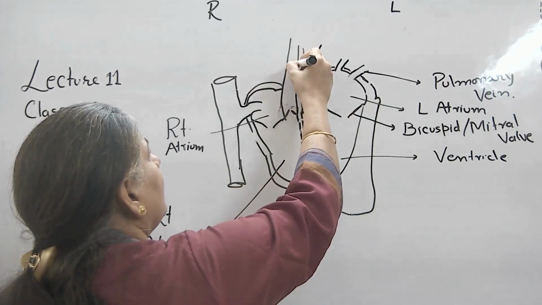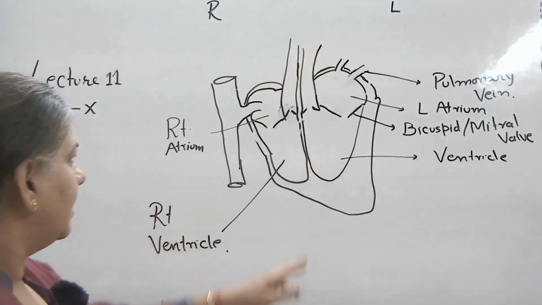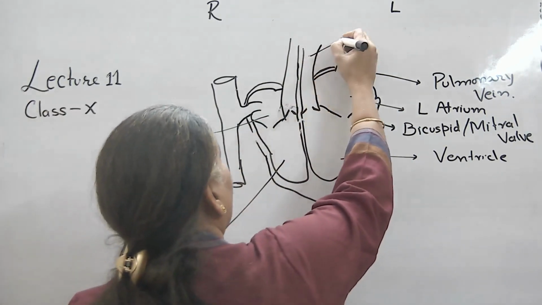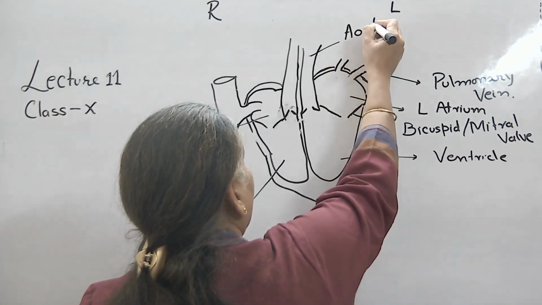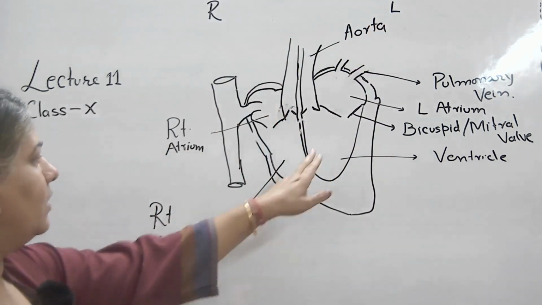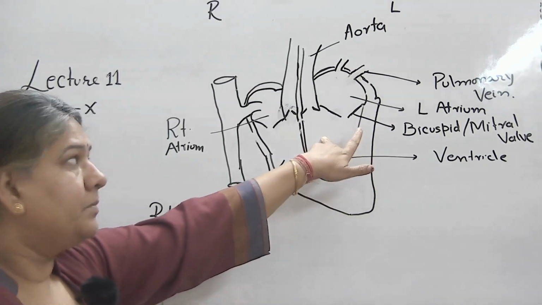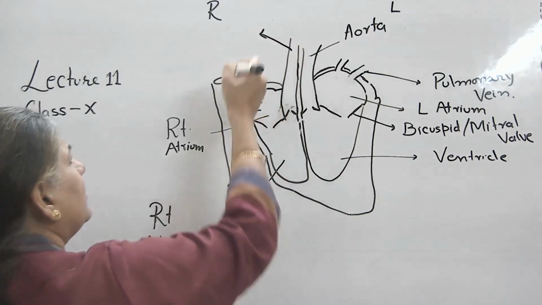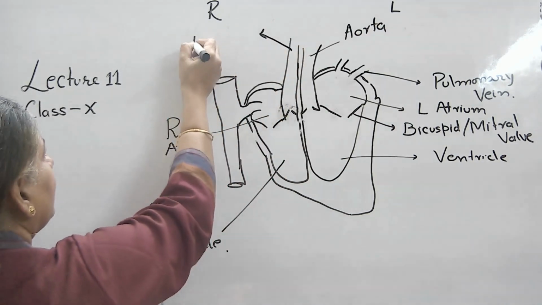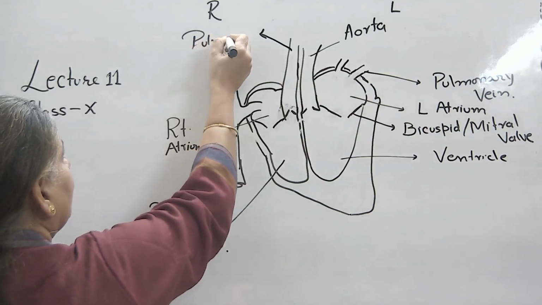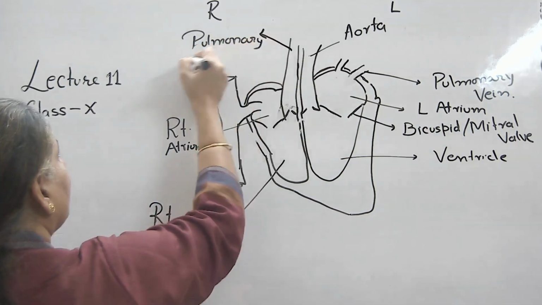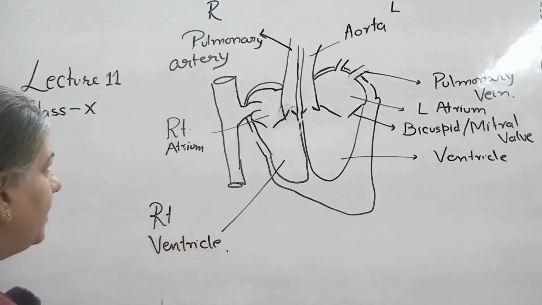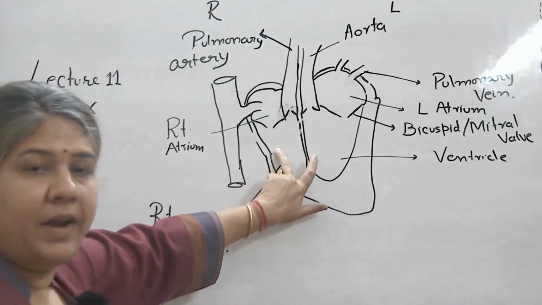So I'll first mention these vessels. This is the big vessel called the aorta, which carries blood from the left ventricle. There is another big vessel called the pulmonary artery, which carries blood from the right ventricle.